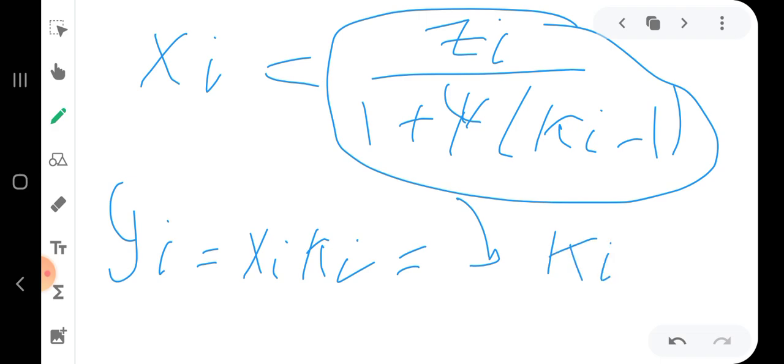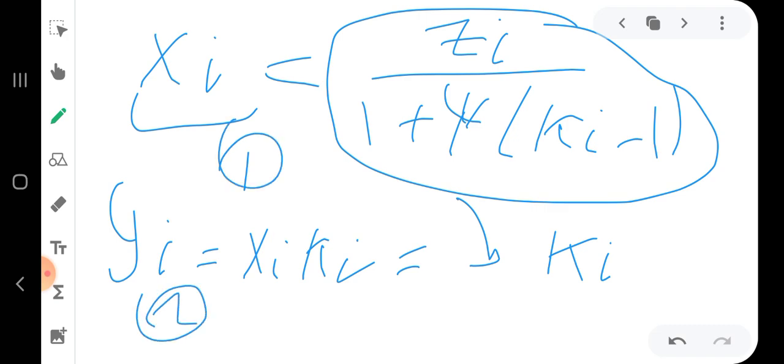So we have two equations, one for xi and the second for yi, and both are derived based on the material balance and the equilibrium relationship. Keep in mind that the heart of this course is the material balance and the equilibrium relationships. These are the main equations, and we are going to play with them only.